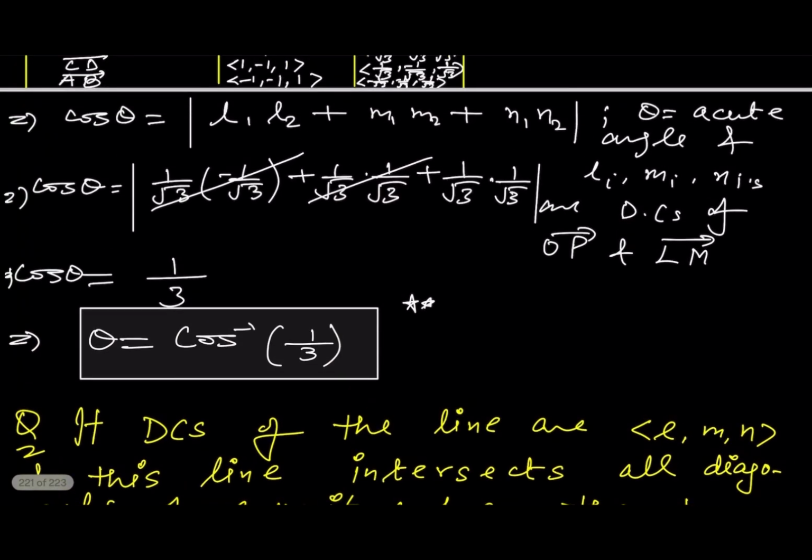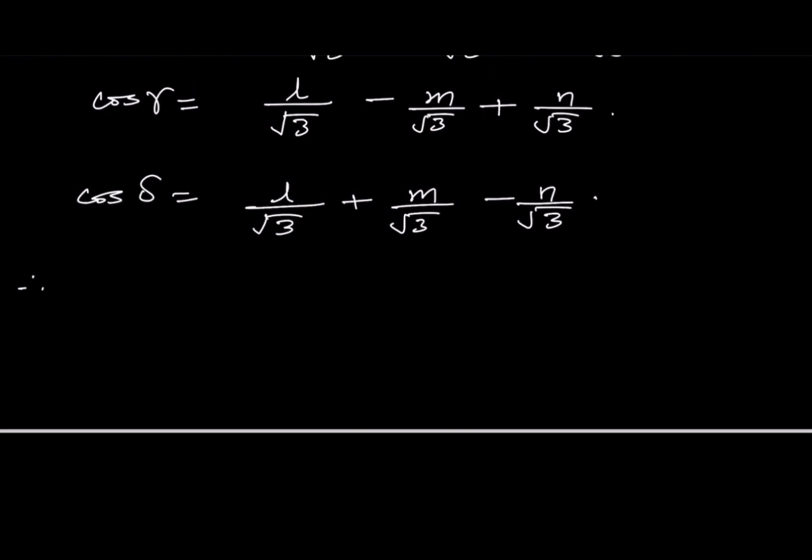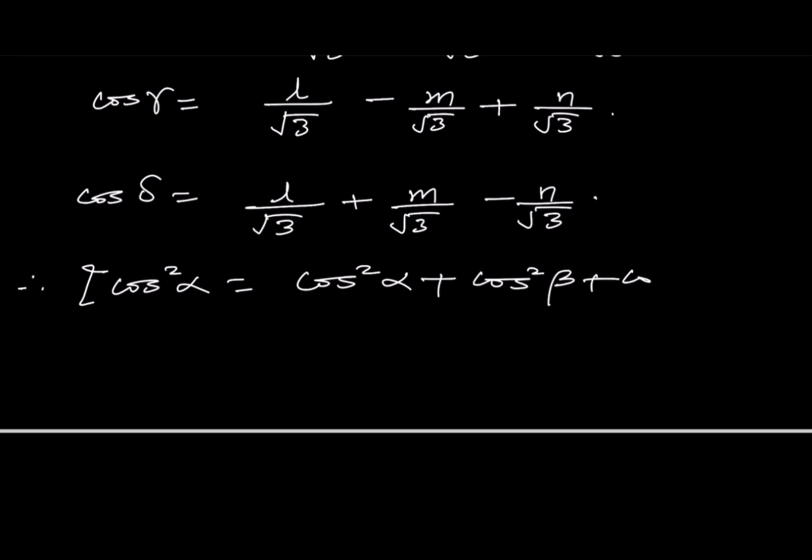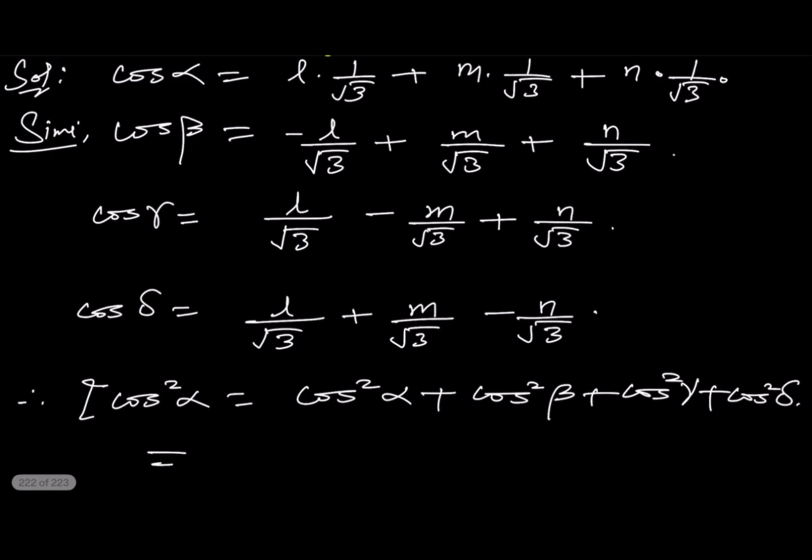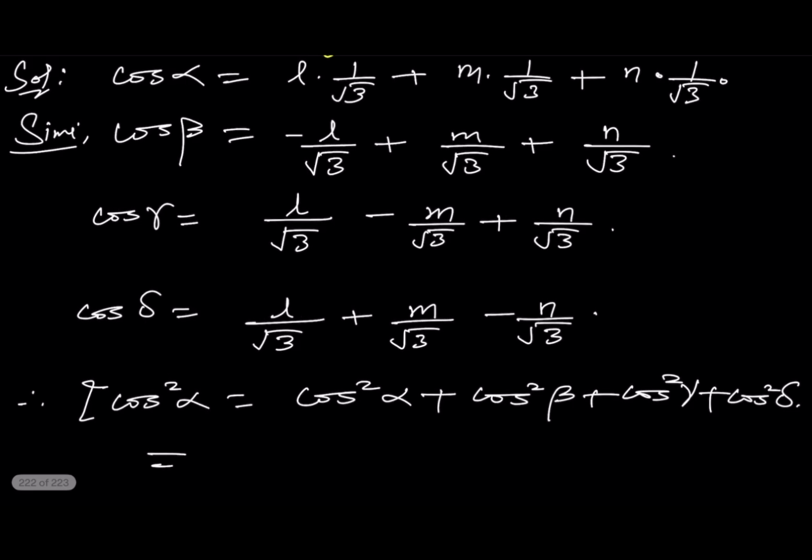So sigma cos square alpha is nothing but cos square alpha plus cos square beta plus cos square gamma plus cos square delta. So I have cos alpha, cos beta, cos gamma and cos delta.